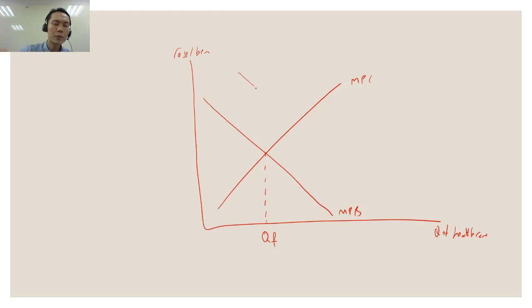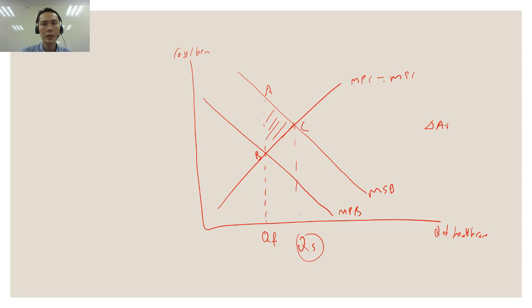Due to the presence of positive externality, there is a divergence between MPB and MSB. So this is the QS level. The shortcut that you know is that the deadweight loss triangle always points towards the QS level. Therefore, triangle ABC is your deadweight loss.